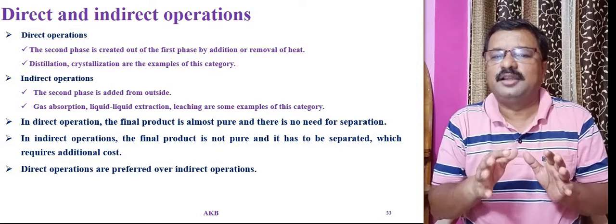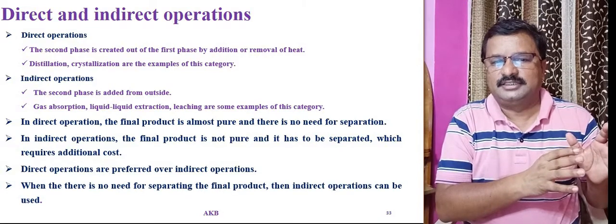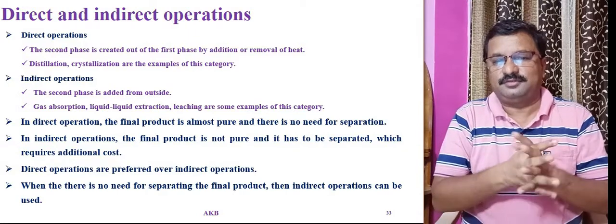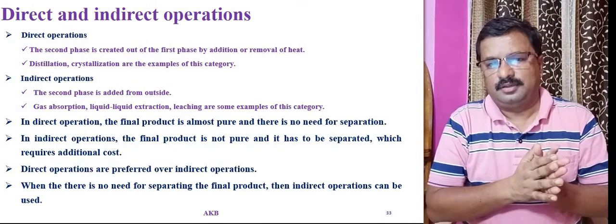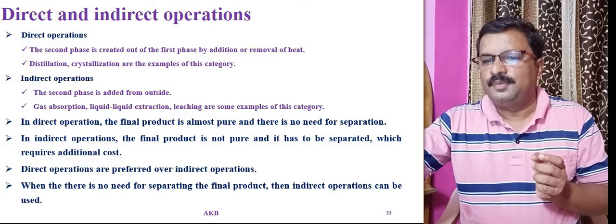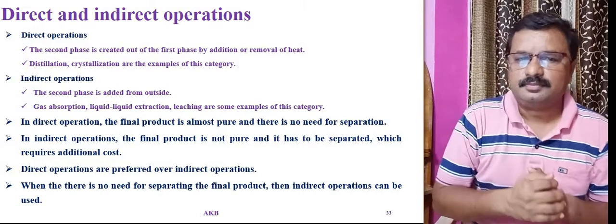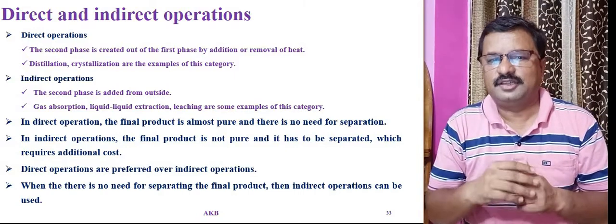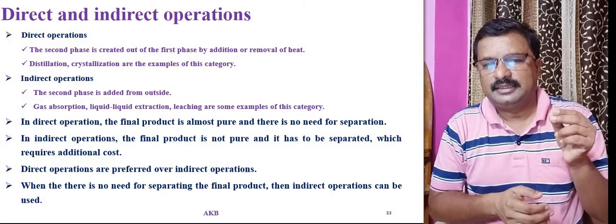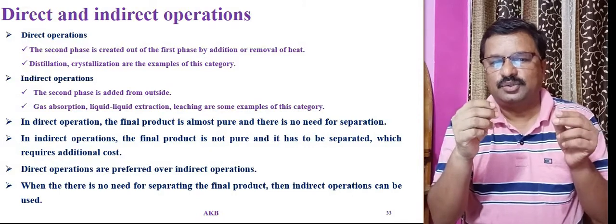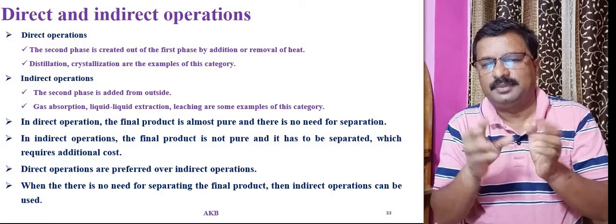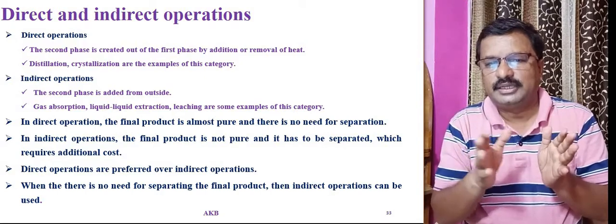For example, when the final product is not required separately, if there is no need of separating the final product, then you can go for indirect mass transfer operations. For example, in the manufacture of hydrochloric acid, a gas containing hydrogen chloride is treated with water, and this hydrogen chloride will be absorbed in water, the reaction will take place, and there will be formation of hydrochloric acid solution.